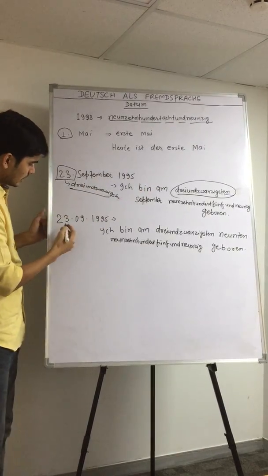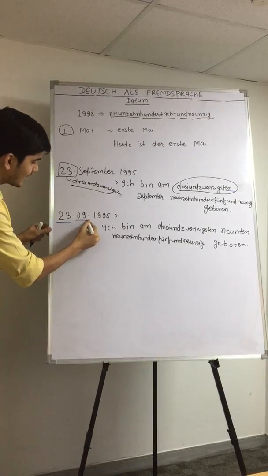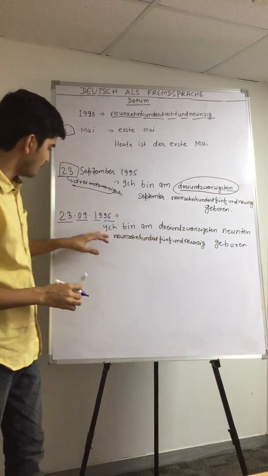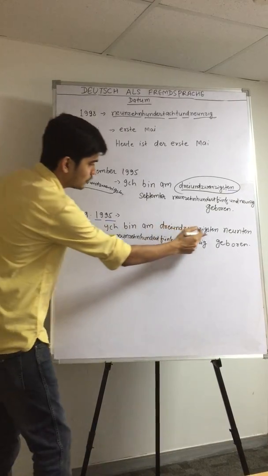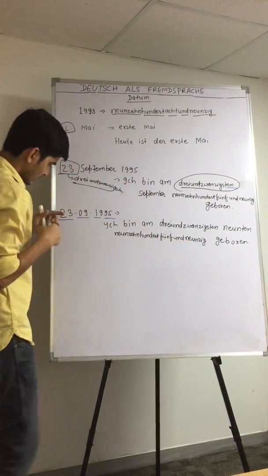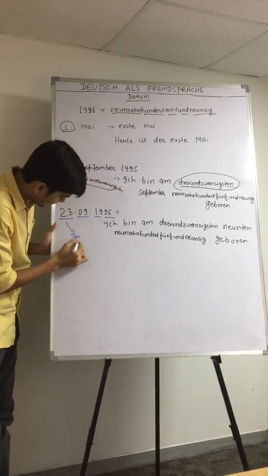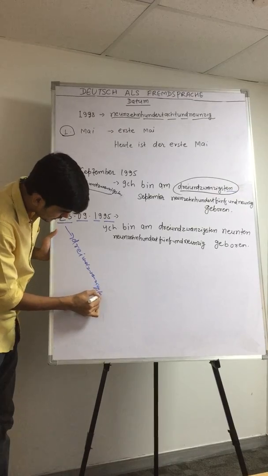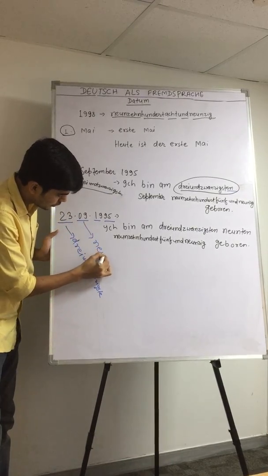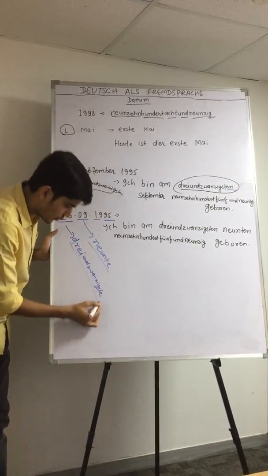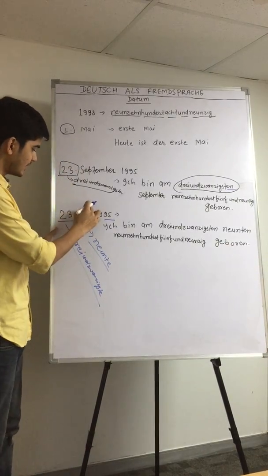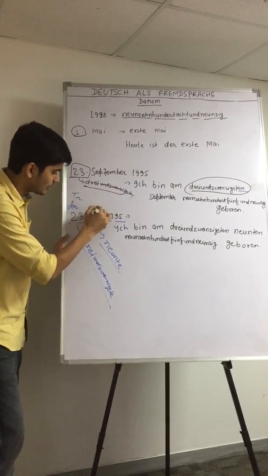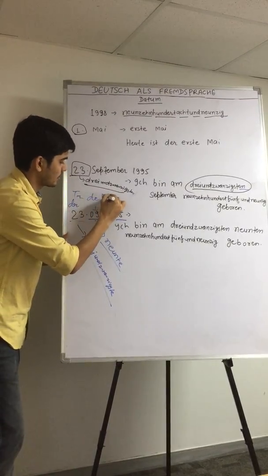The other way, 23rd 9th 1995. So ich bin am 23. So this is Ordinalzahlen, that is 23. And this one is 9. So this is Tag, day, or the month. Der Tag or der Monat.